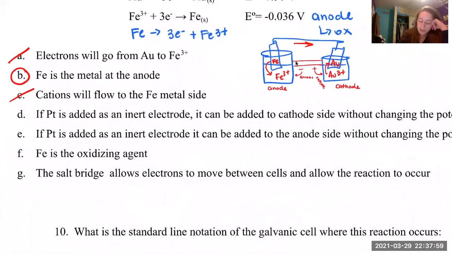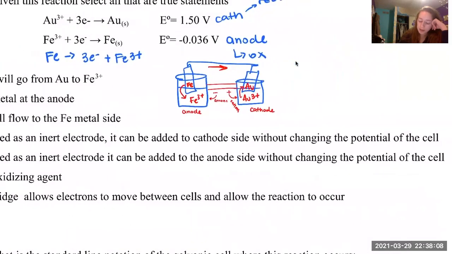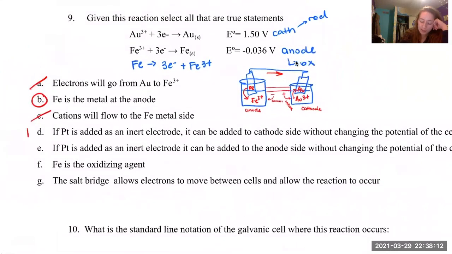If platinum is added as an inert electrode to the cathode side, will it change the potential of the cell? This one is saying it won't change the potential of the cell. That is true. And then the flip side is false, okay?